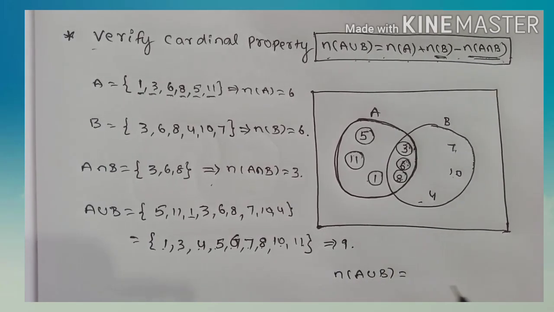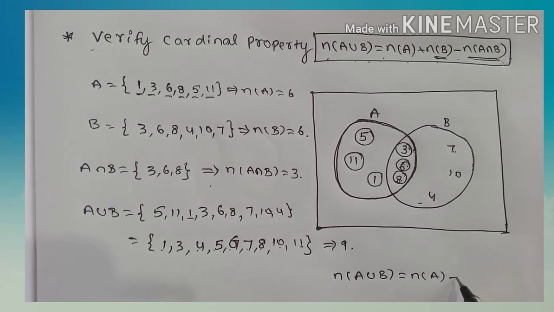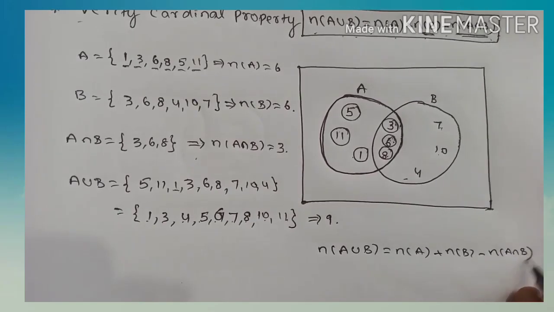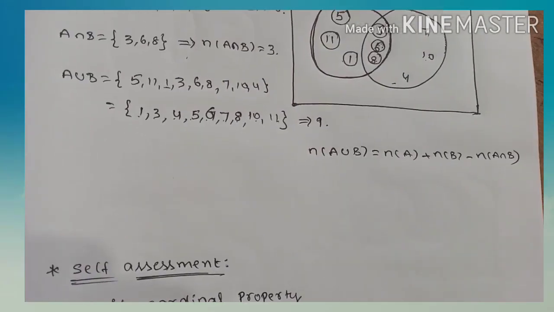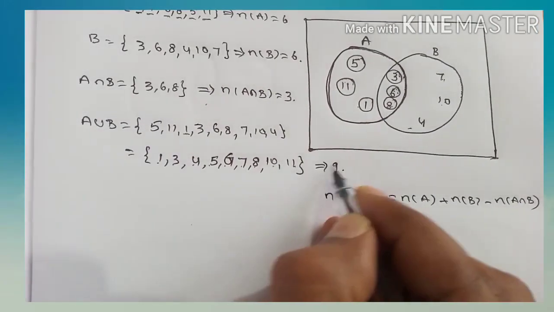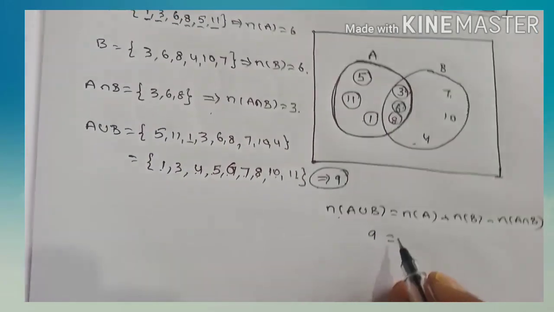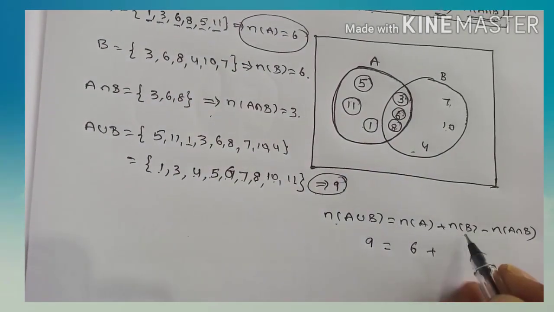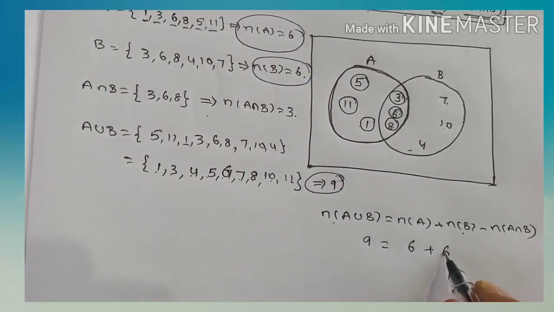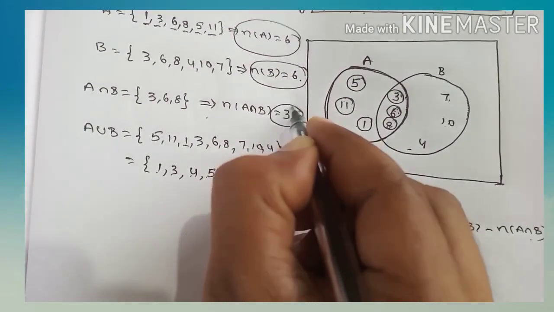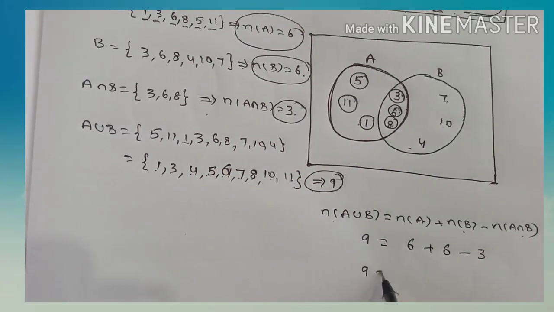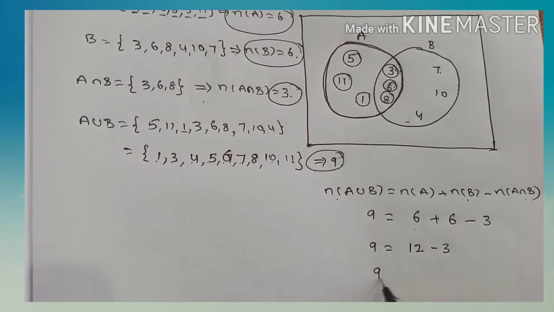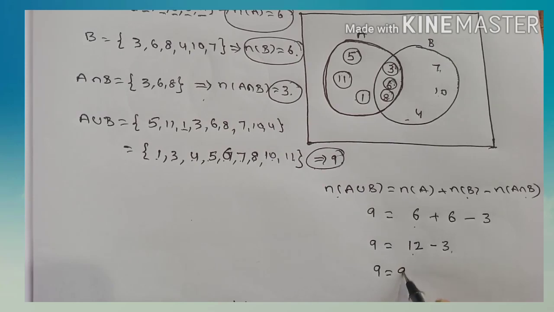What is given in the problem? n of A union B is equal to n of A plus n of B minus n of A intersection B. Now what are the values you got here? n of A union B is equal to 9, n of A is equal to 6, n of B is also 6, n of A intersection B is equal to 3. 9 is equal to 6 plus 6 is equal to 12 minus 3. 9 is equal to 12 minus 3 is equal to 9.